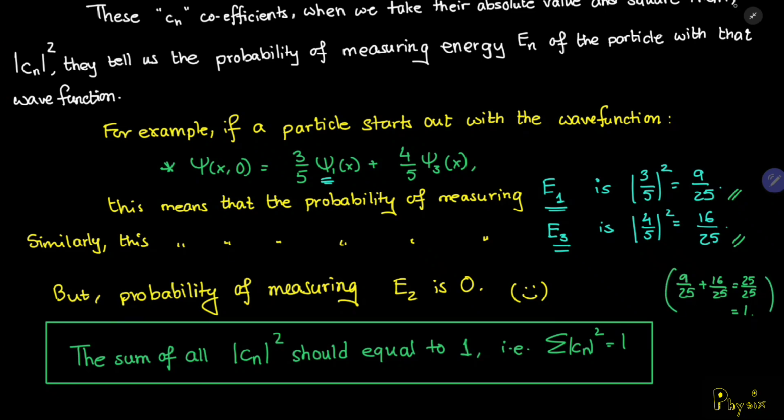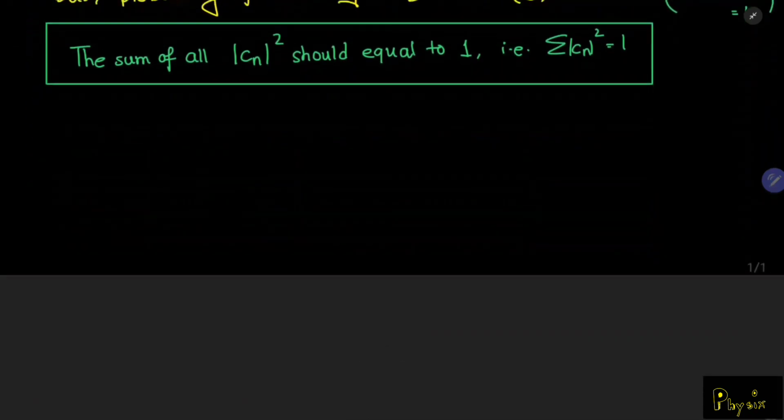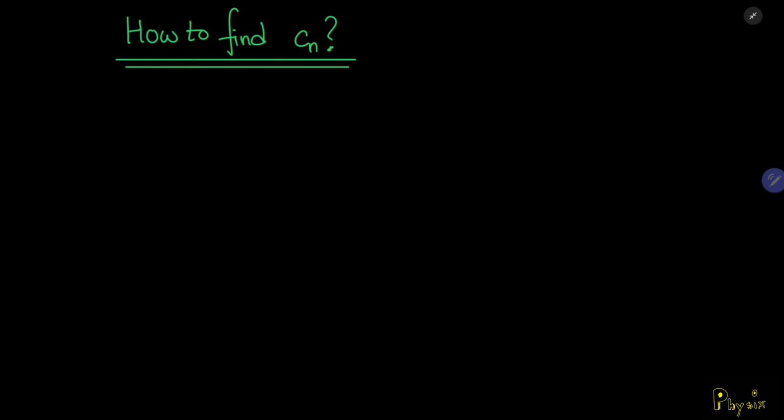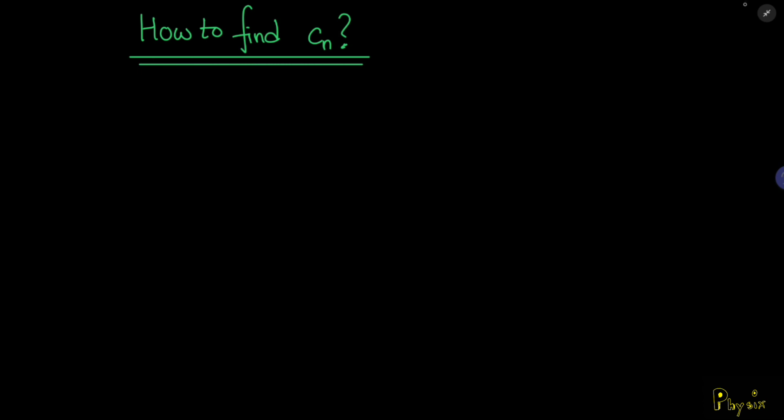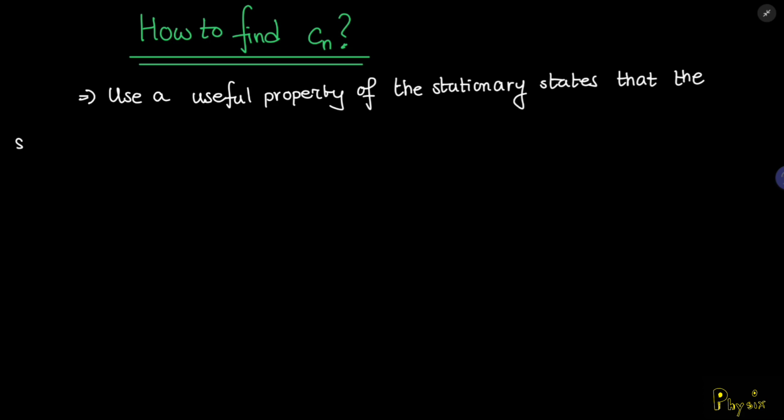So now that we know the significance of finding these coefficients, c sub n, let us now try to find these c sub n's. How do we actually know what our c sub n's are for a very specific wave function? Well, a very useful technique is to use the property of the stationary states that all stationary states are orthogonal to each other.